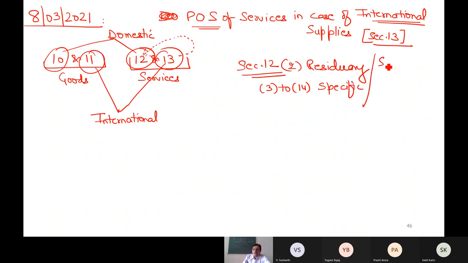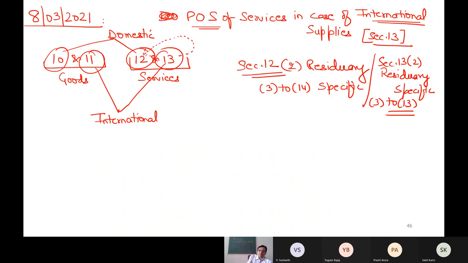Here also section 13(2) is residuary supply, how to determine the place of supply of international supplies in case the cases are not covered under specific supplies. And specific supply covers 3 to 13 here. This is the structure.